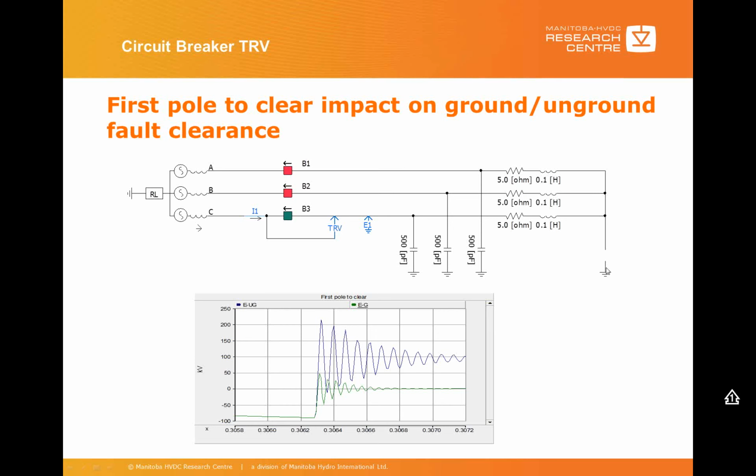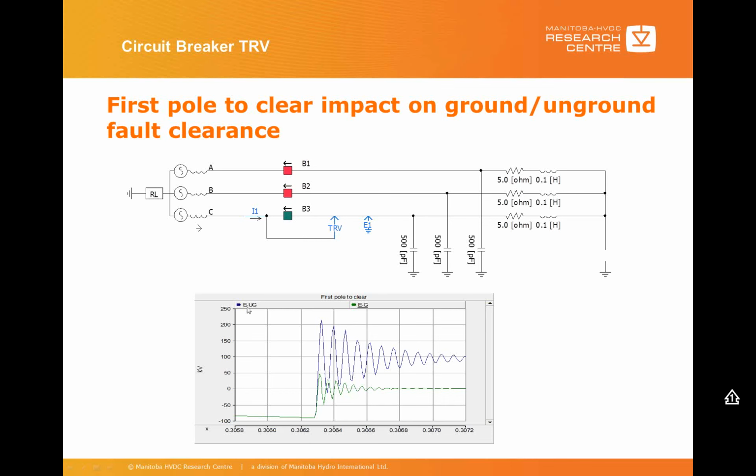If the system is solidly grounded, neutral point is solidly grounded, you see that the TRV voltage, which is given by the green color here, is the transient TRV voltage you observe upon opening this breaker.